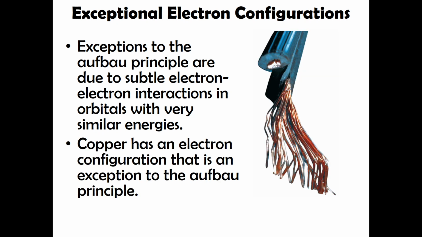Copper has an electron configuration that is an exception to Aufbau's principle. It is actually the number one exception that we look at. This exception is why copper is so good at conducting electricity. Because the electron doesn't want to fill the lower orbital, it puts it up into a higher energy level, which makes it easier to come off, allowing it to conduct electricity better.